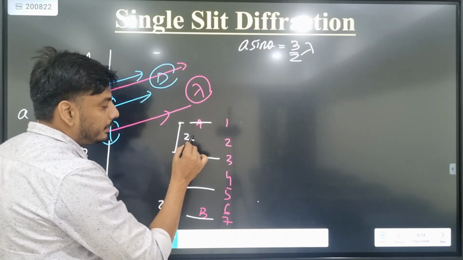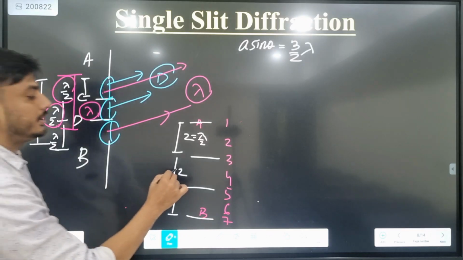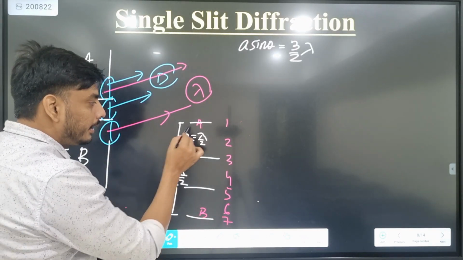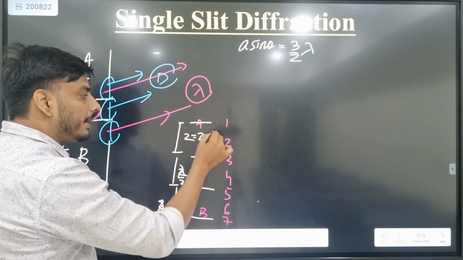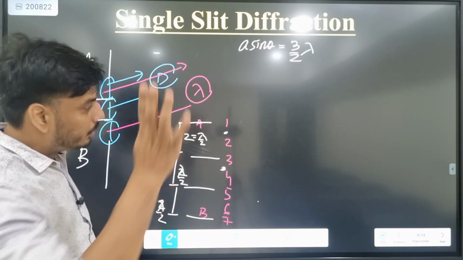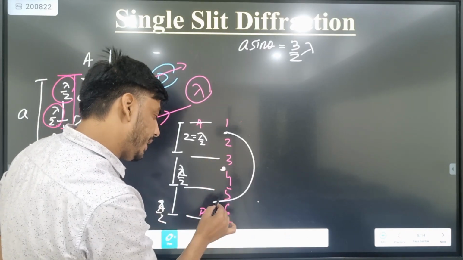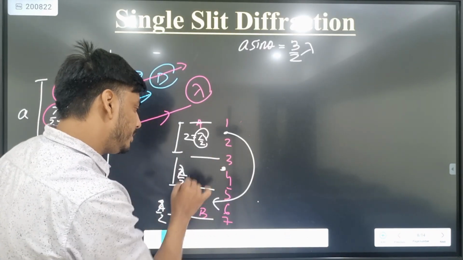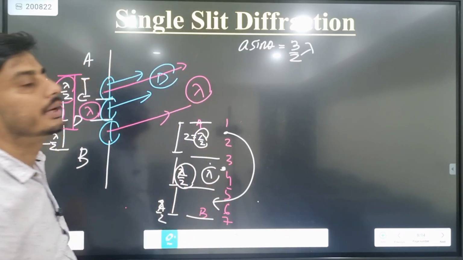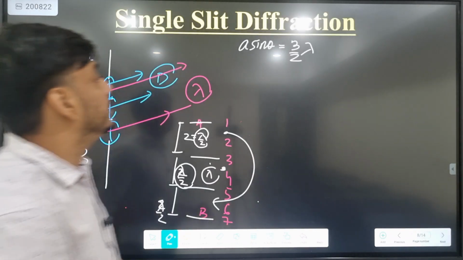Then if 2 is equal to lambda by 2, as we consider, this is also lambda by 2, this is also lambda by 2. Then for the first two parts, for every point in the upper half there is a point in the lower half where the path difference is lambda by 2, and that gives destructive interference. But for first and third, the path difference is lambda by 2 plus lambda by 2, that is equal to lambda. This is the condition we consider here, so this is the condition for constructive interference.